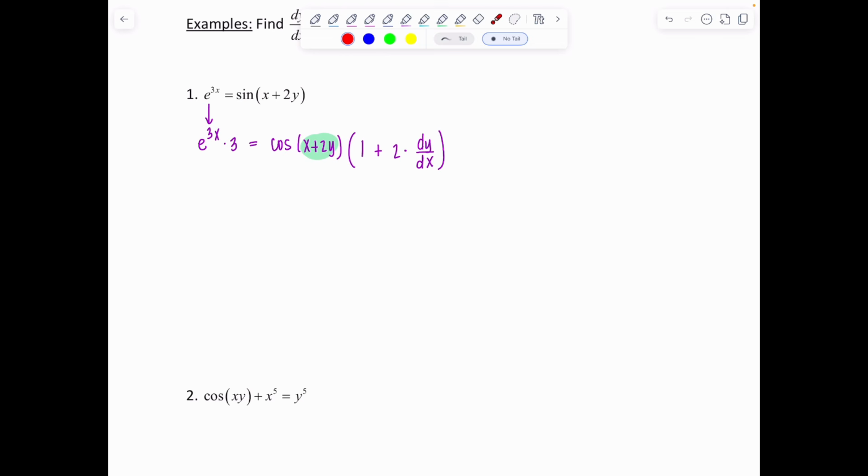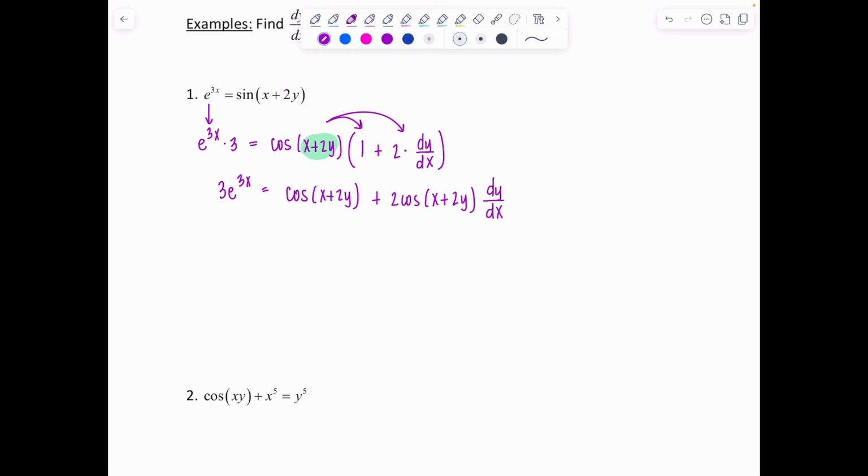Okay, from here, we want to isolate dy dx. So I need to distribute or multiply this out. So we have 3e to the 3x equals cosine of x plus 2y plus 2 cosine of x plus 2y times dy dx. Okay, and then I'm just going to rewrite it.